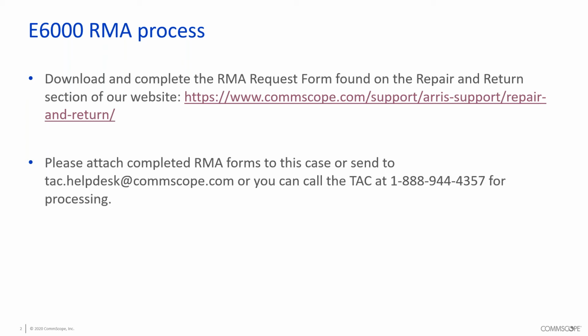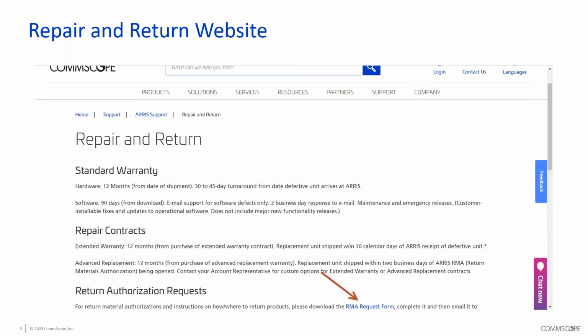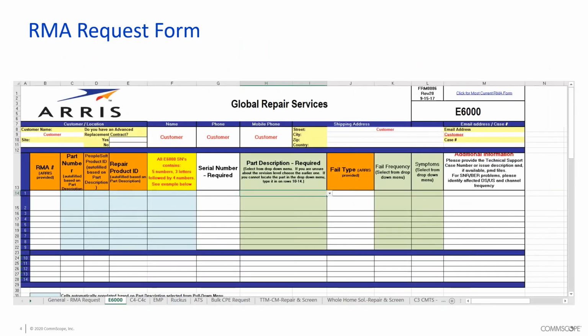So where do we get this RMA form? If you go to the link shown here on the page, it's going to look similar to this. Sorry for the top of the screen being cut off, but on our repair and return website, if you scroll down to return authorization request, you'll see a link to the actual form. You'll download that form. It is an Excel spreadsheet, and that form will look like this.